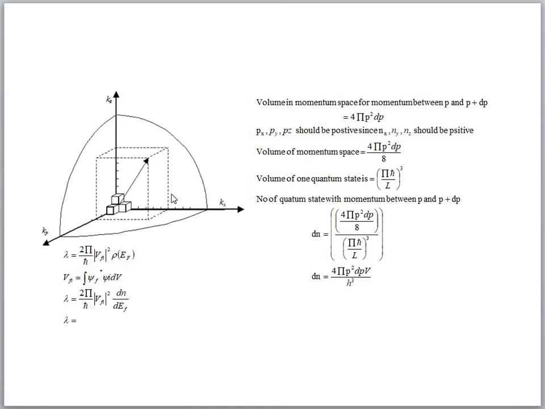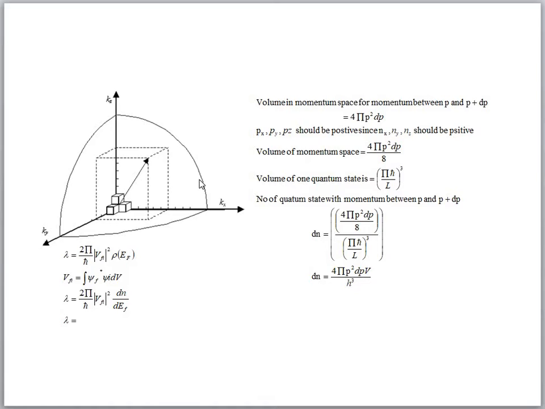So this is a momentum space. Here instead of p we could write kx, ky, kz, or px, py, pz. The volume in the momentum space for momentum between p and p plus dp is given by 4 pi p squared dp. Suppose we draw a sphere having radius p.